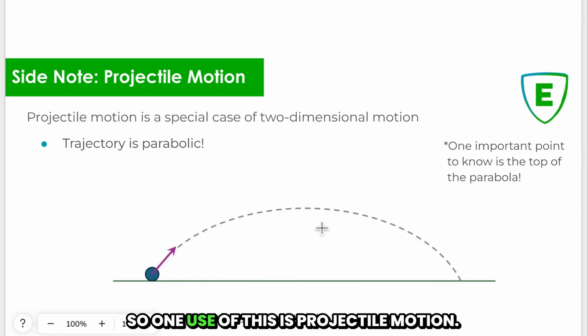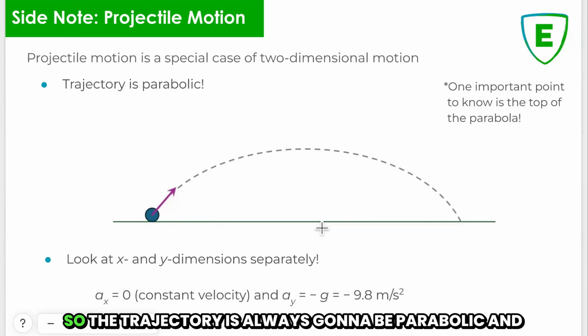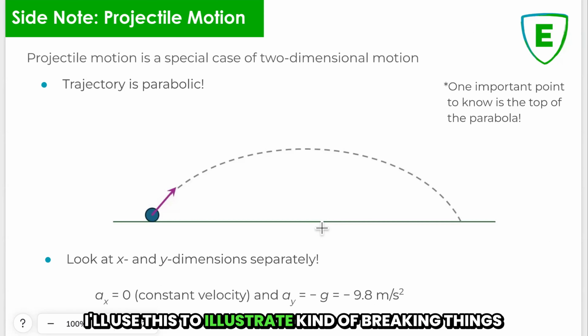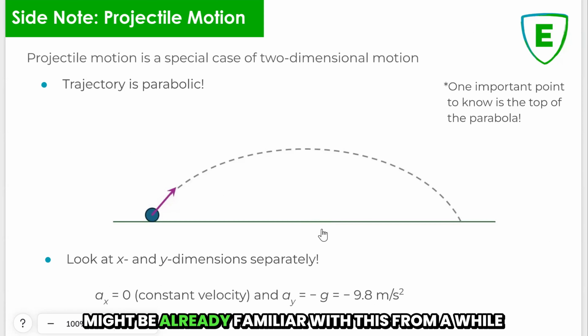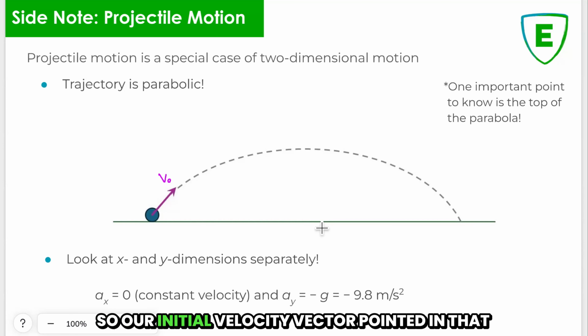So one use of this is projectile motion. The trajectory is always going to be parabolic, and I'll use this to illustrate breaking things up. You might already be familiar with this from a while ago, but it's good to review. So our initial velocity vector is pointed in that direction.